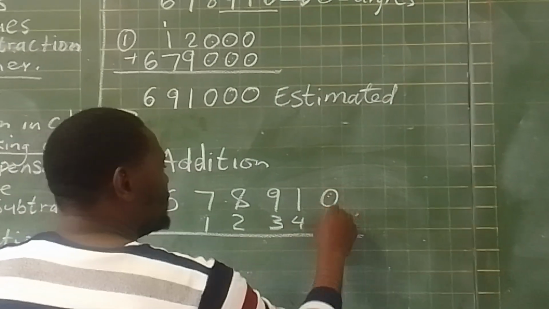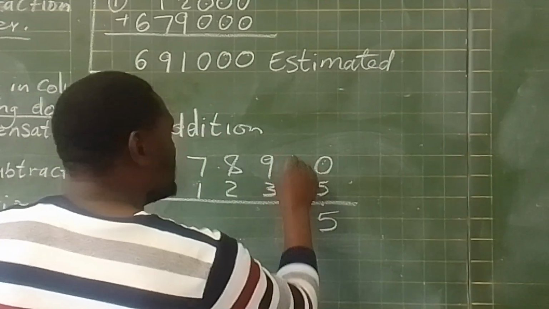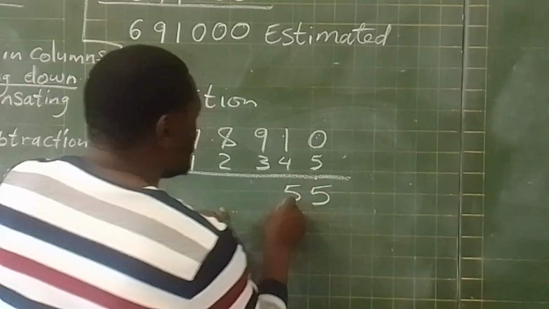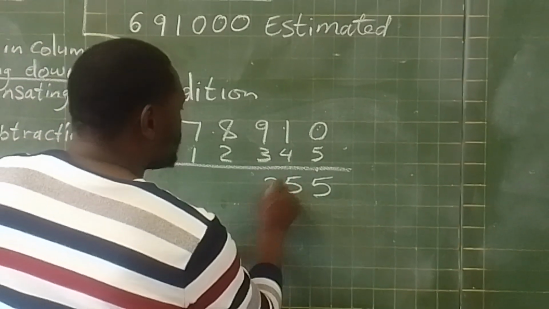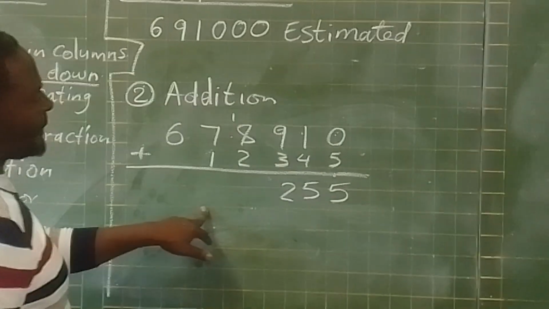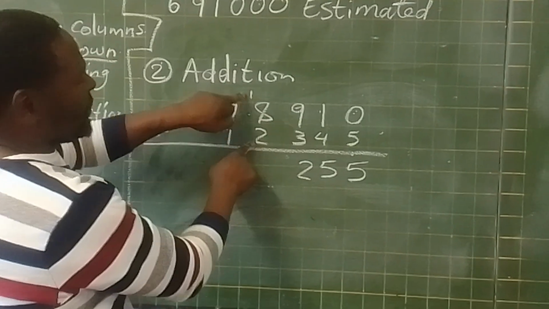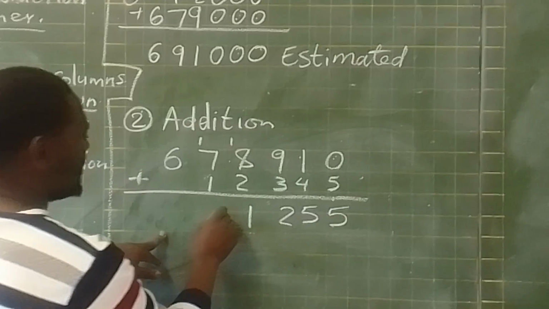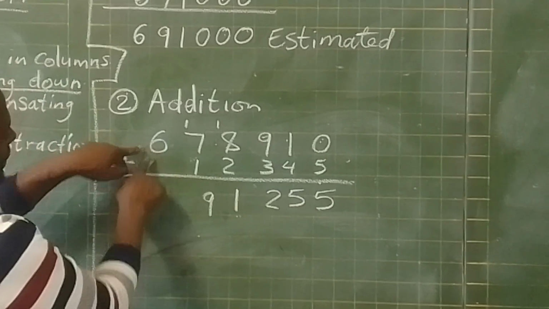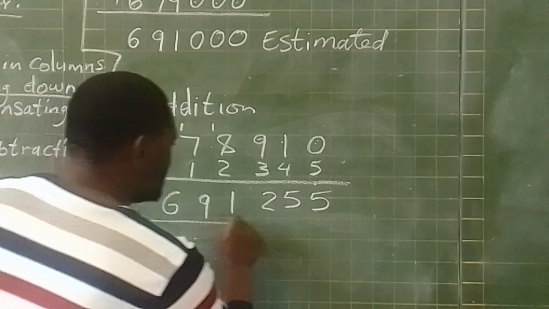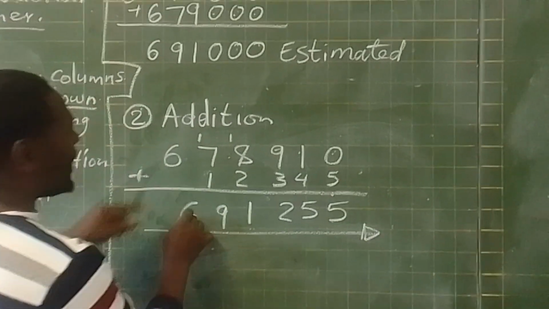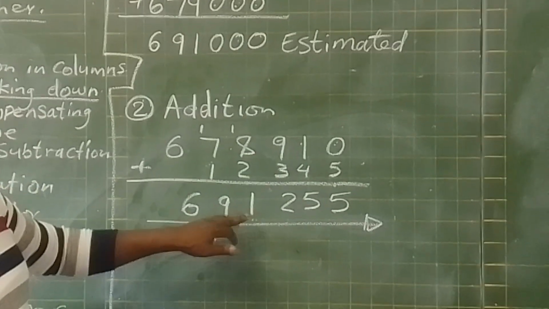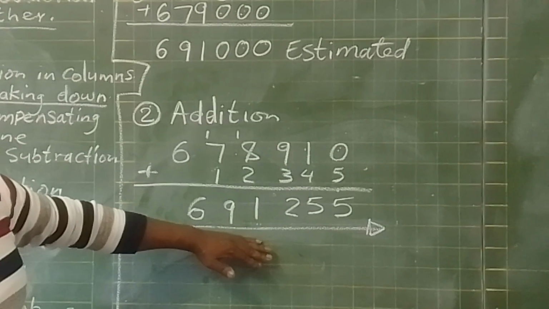So let's add: 0 and 5 is 5, 1 and 1 plus 4 is 5, 9 plus 3 is 12, carry a 1. 8 plus 2 is 10, plus 1 is 11, carry a 1. 7 plus 1 is 8, plus 1 is 9. Then you write 6. This is your number. You see, this number is almost close to the estimated value. So this is a guidance so that you are not going to get lost.